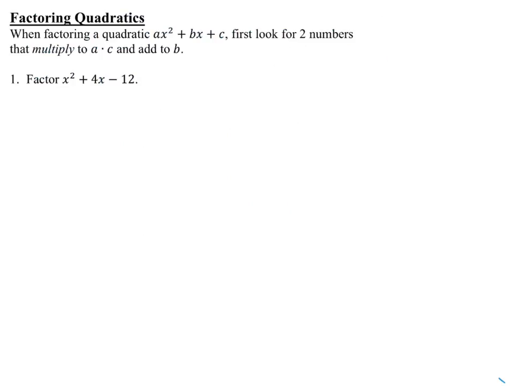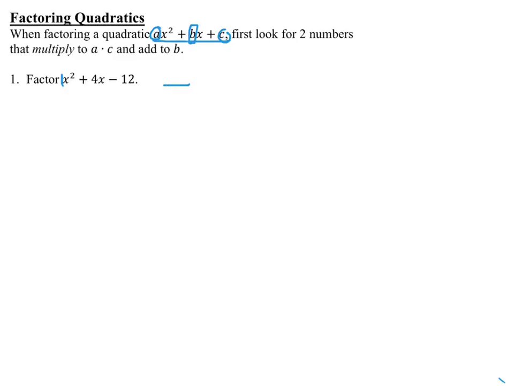When we're factoring a quadratic, so a quadratic is anything in the form ax squared plus bx plus c, the first thing that I always want to do is look for two numbers that when I multiply them together, give me a times c. So a is your first, c is your last, and then when I add them together, it gives me the middle.